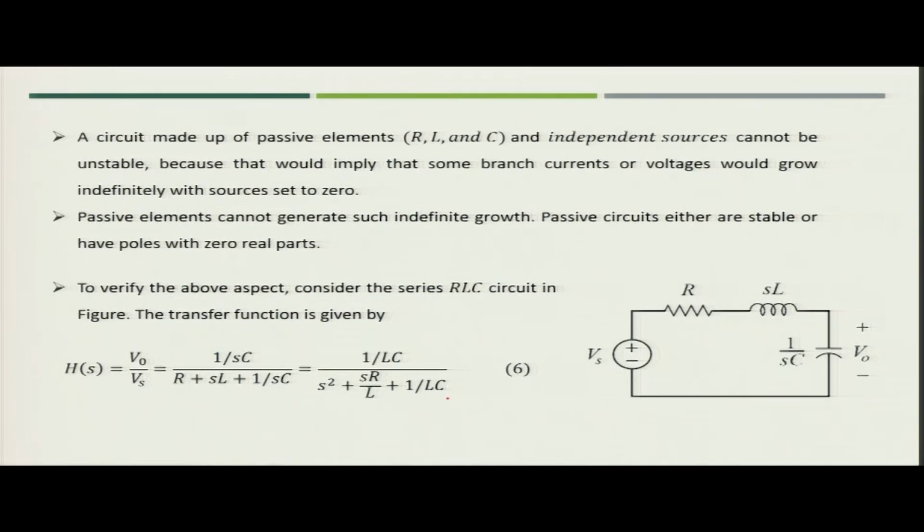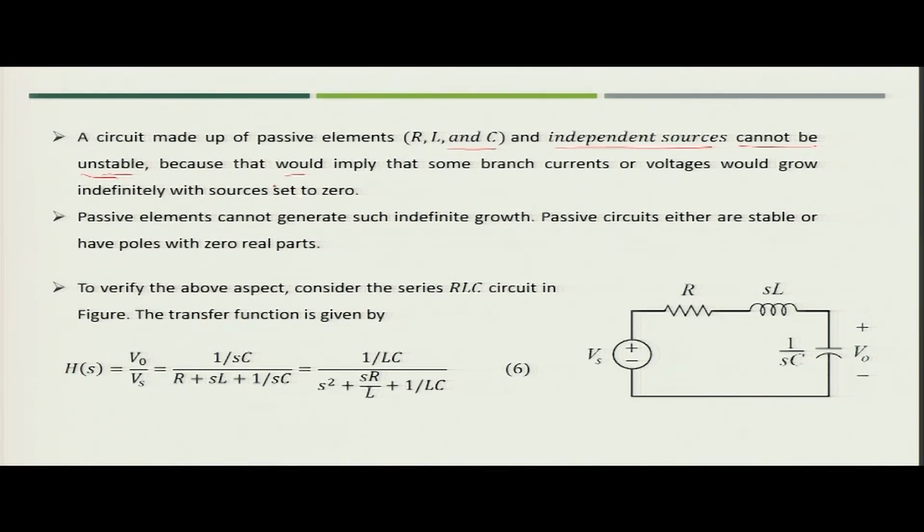Now, let us see how we can correlate this with our electrical circuits. If the circuit is made up of passive elements, that is R, L and C, and independent sources are part of the circuit, the system cannot be unstable.